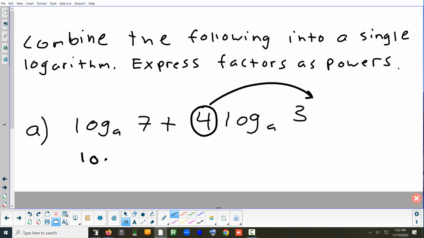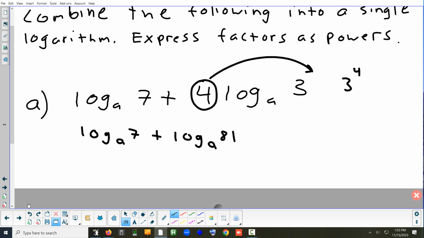So you're going to have log base A of 7 plus log base A. Now, it's going to be 3 to the 4th, but you can simplify that. Just make it a number. What's 3 to the 4th power? 81.